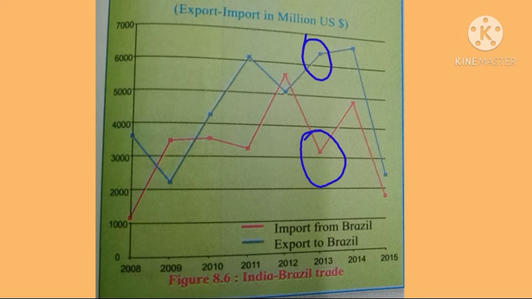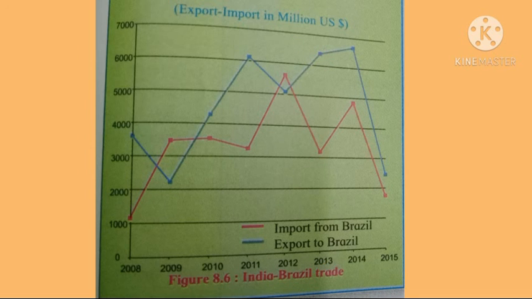And next, question number 4: from which year have the value of exports to Brazil exceeded the value of imports from Brazil? Again, if you look at this graph, we can understand that in the year 2013, the value of exports to Brazil exceeded the value of imports from Brazil.